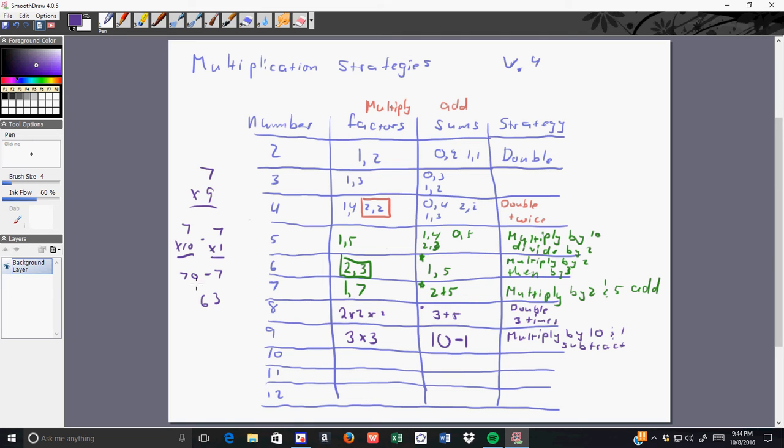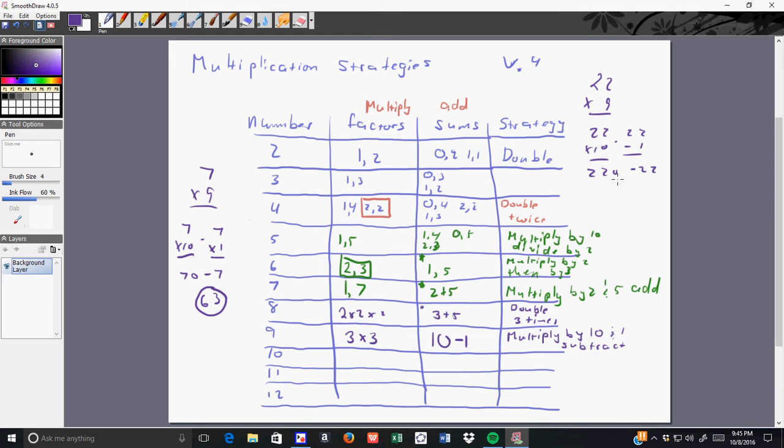The way you should know that this is 63 is back in video 1, I talked about compatible numbers, and you know that 3 and 7 make a compatible number. If I were to do 22 times 9, I do 22 times 10 minus 22 times 1, and I get 220 minus 22.